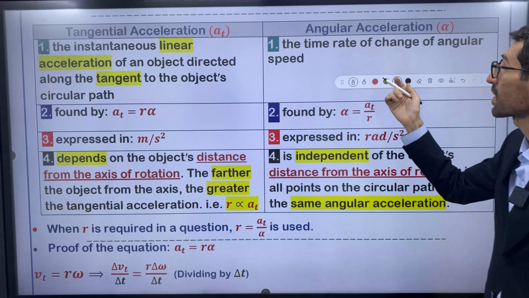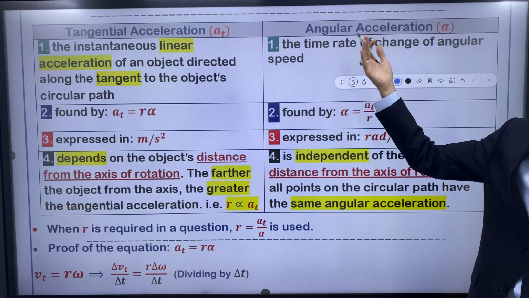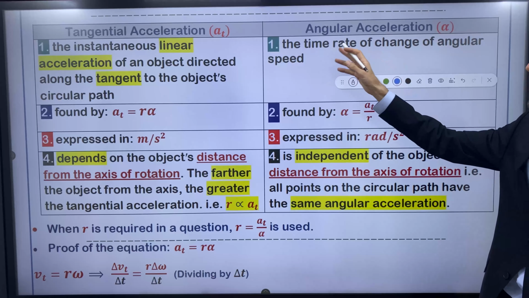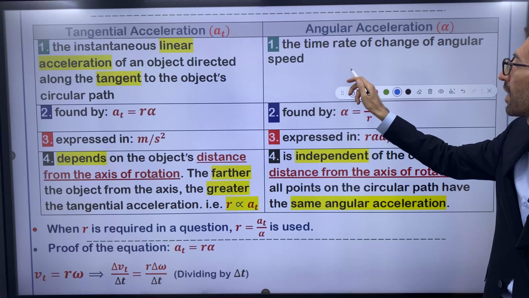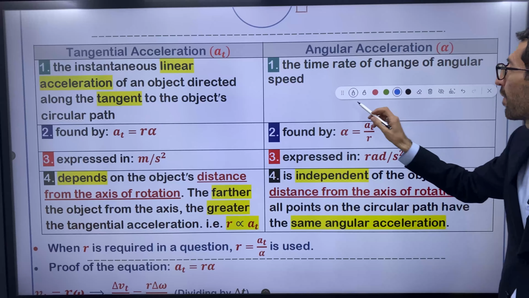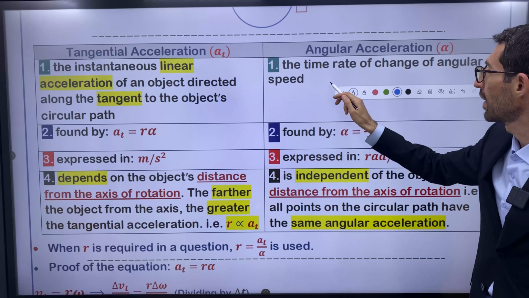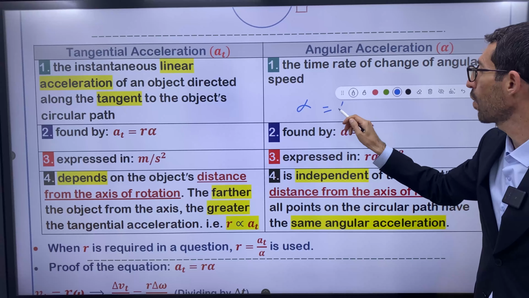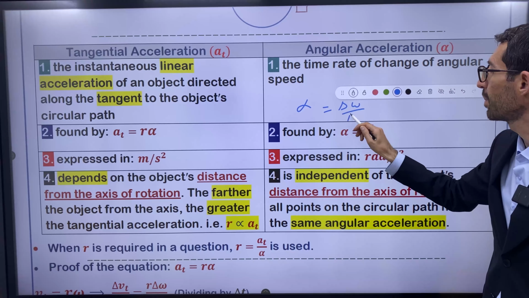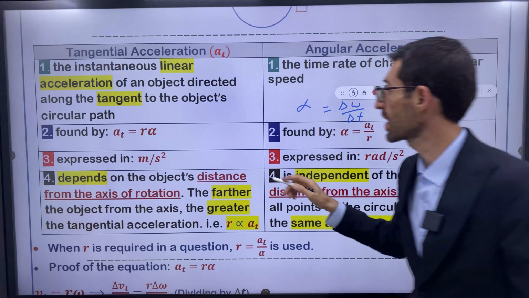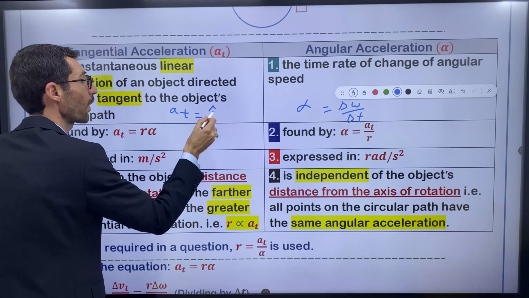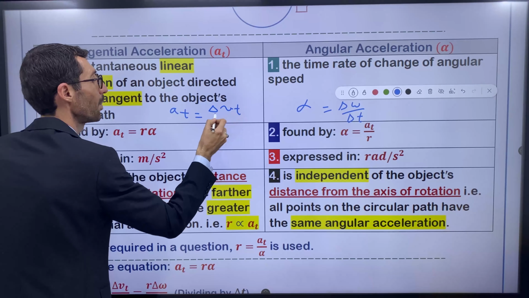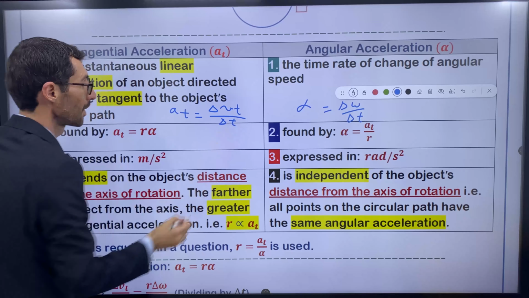What do you say about angular acceleration? It's a background for us. It's not new. The time rate of change of angular speed means alpha is equal to delta omega divided by delta t. But what do you say about this one? AT is equal to delta vt divided by delta t.